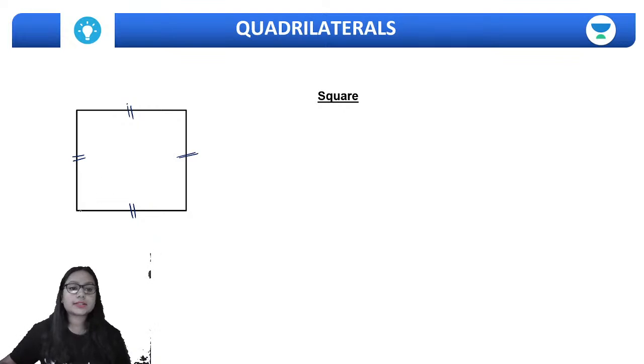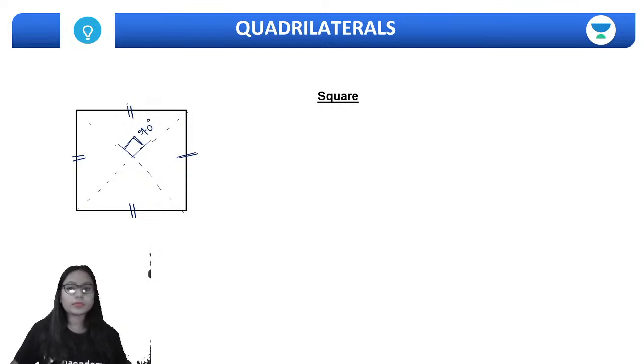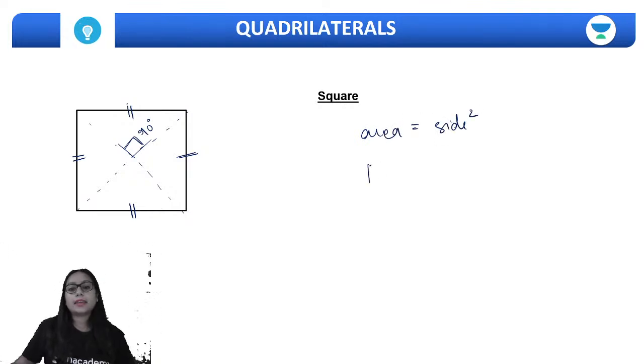So if this is a square and these are the diagonals of the square, then the diagonals will intersect each other at 90 degrees. So these are the properties of a square. We know that the area of a square is side squared and the perimeter of a square is given by 4 into side.